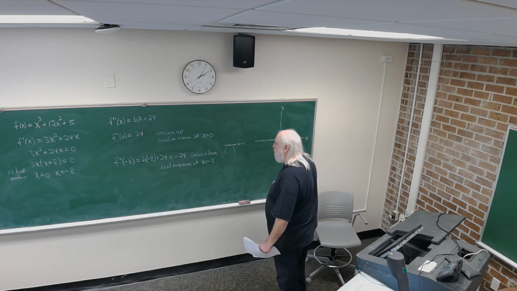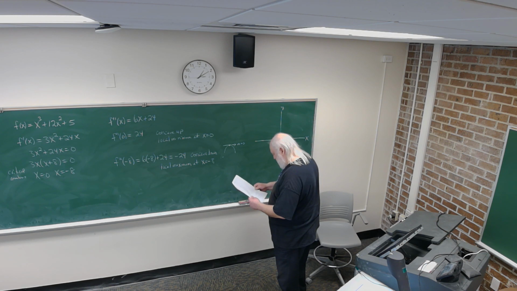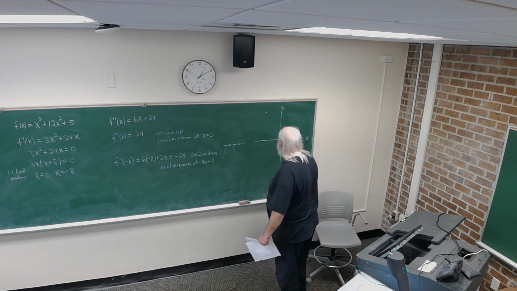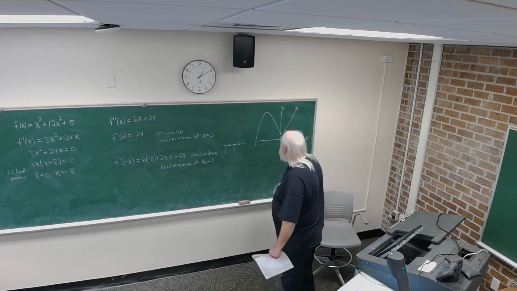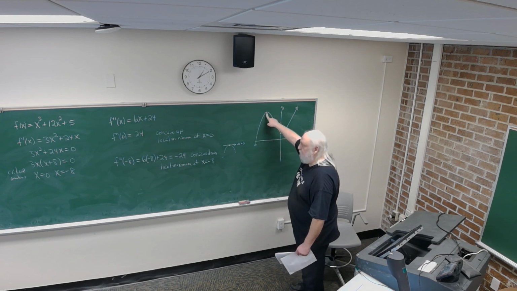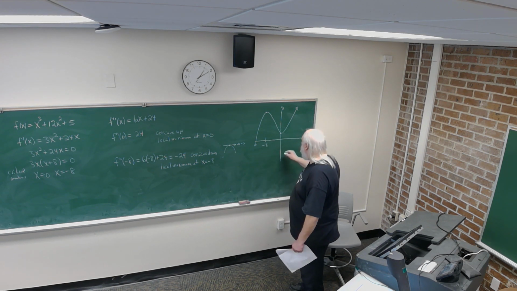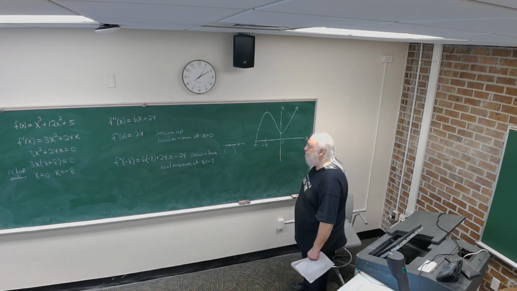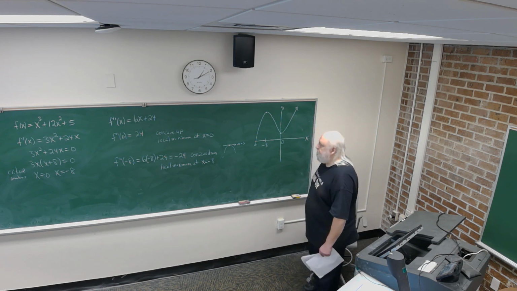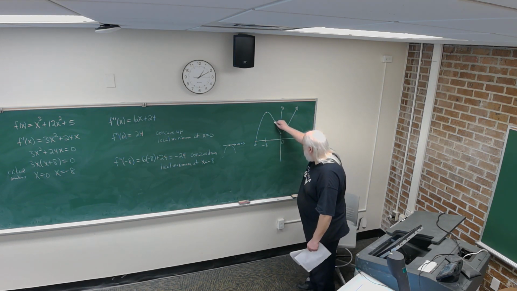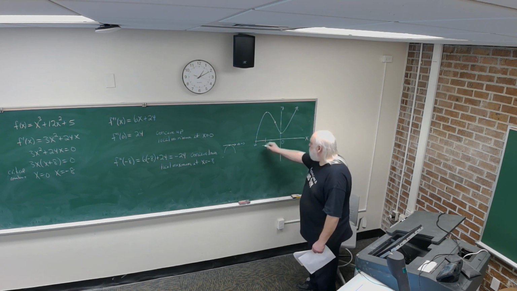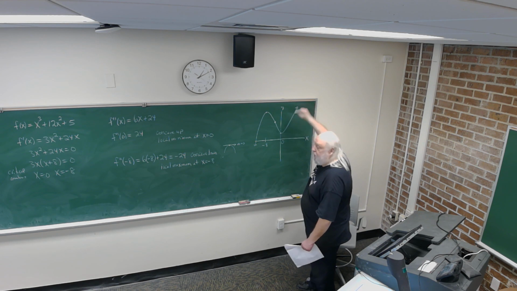And we have a local maximum at minus 8. 260 was way up here. And so the graph went down. Right, so we have a local maximum at x equals minus 8. And we have a local minimum at x equals 0. And then there's a point of inflection in there, where it goes from concave down to concave up. Okay.